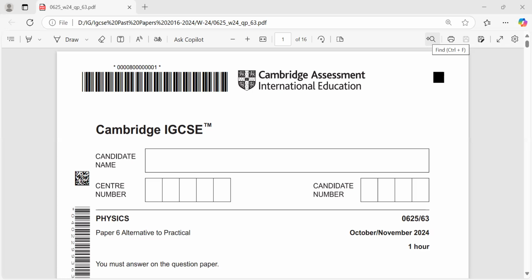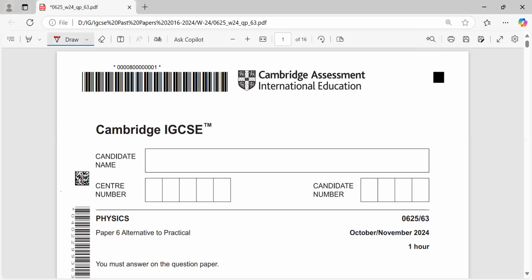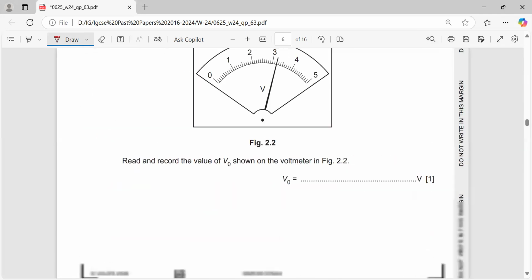By the way, the exam is 0625 IGCSE paper 6 variant 3, October-November 2024. Let's move to question number 3.